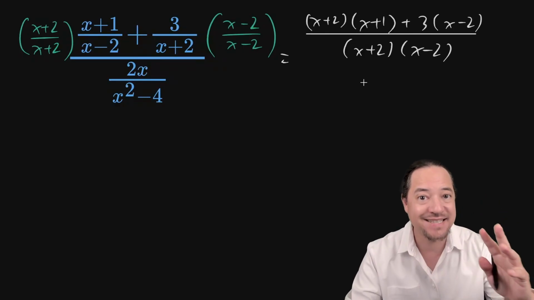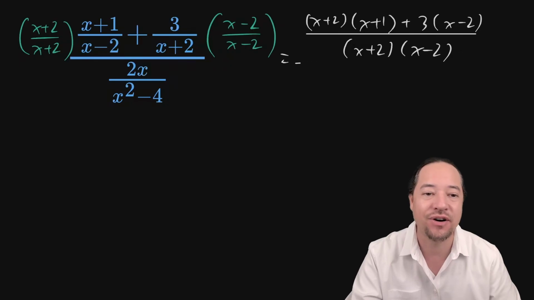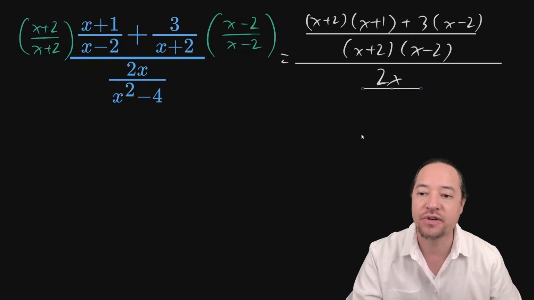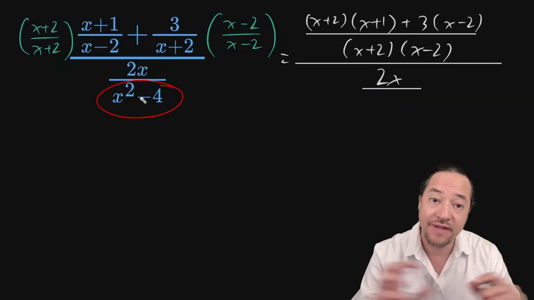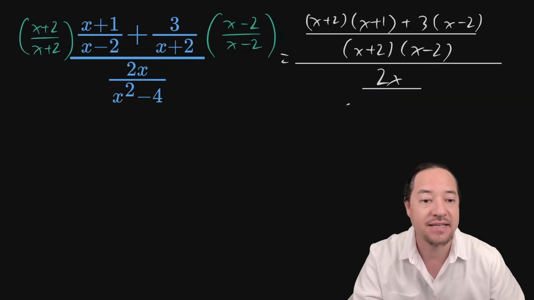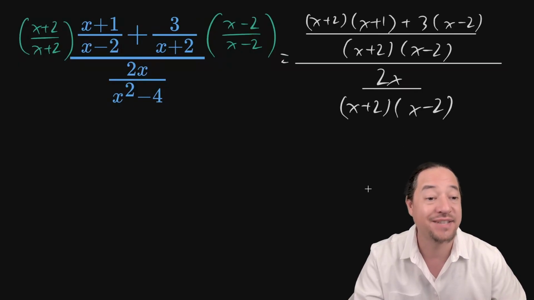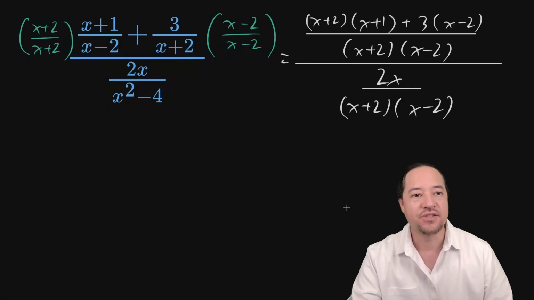And now, of course, this is the numerator, right? So this is all over 2x over, well, this is a difference of 2 squares. So I can actually factor that if I want to, and I can write that as an x plus 2 times an x minus 2, right? So this is what we've got.